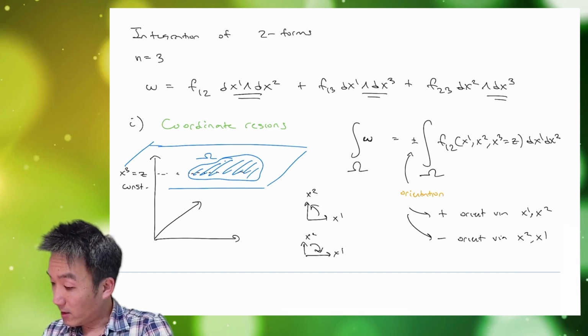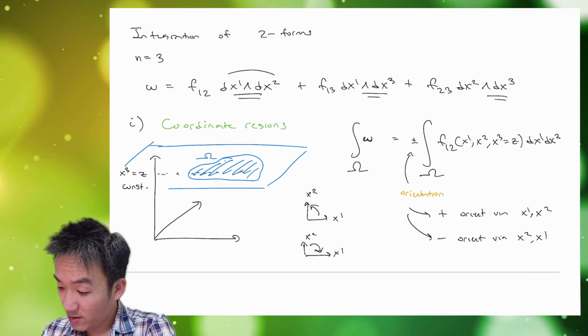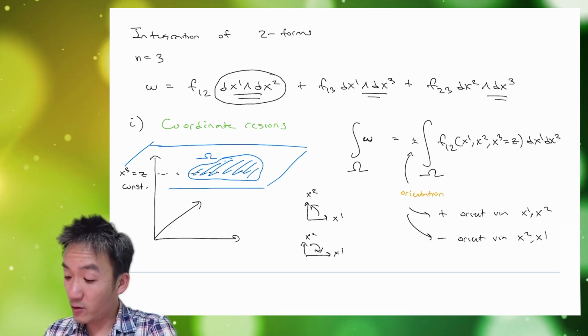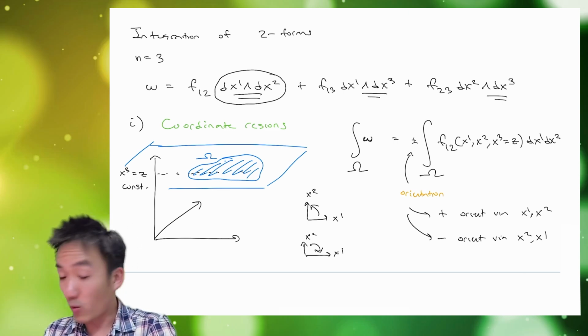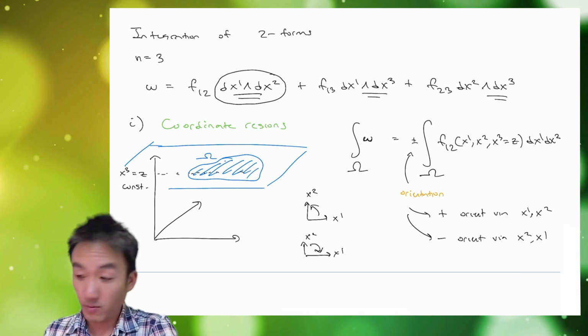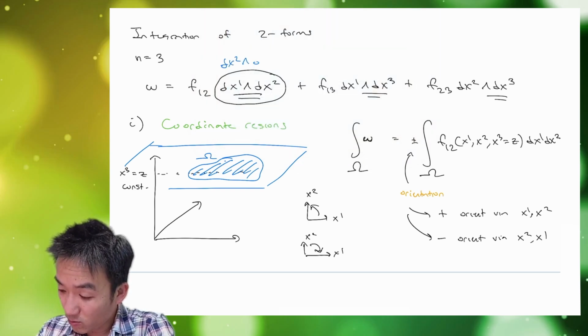And basically, if you choose the orientation that's compatible with this 2 form here, right? This 2 form has a dx1 before a dx2. And so likewise, the orientation on omega that's going to give you a plus sign is the one that's x1 before x2. And if you had written this like so, right?